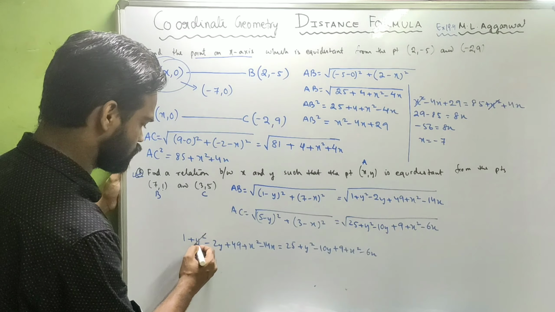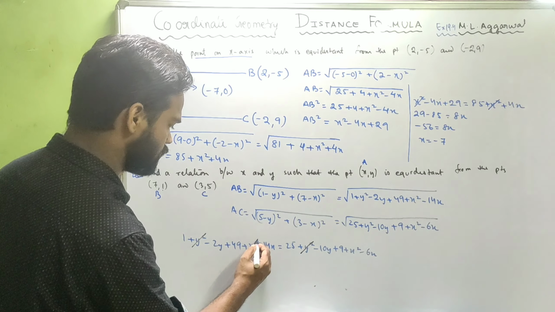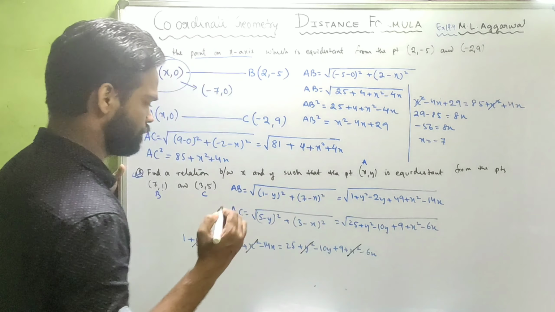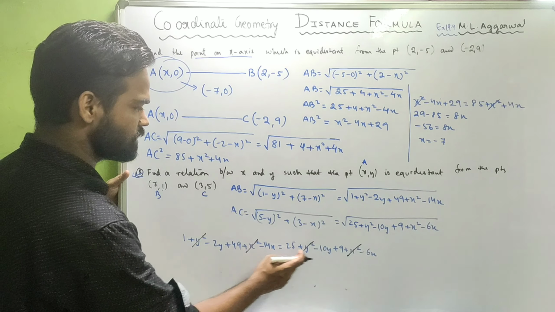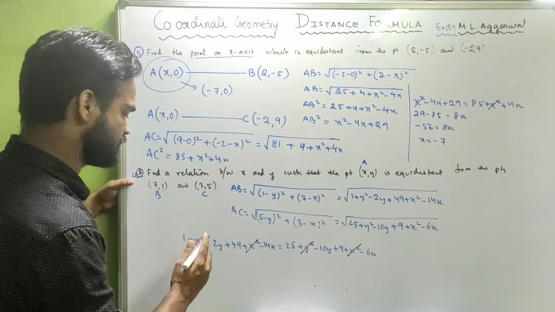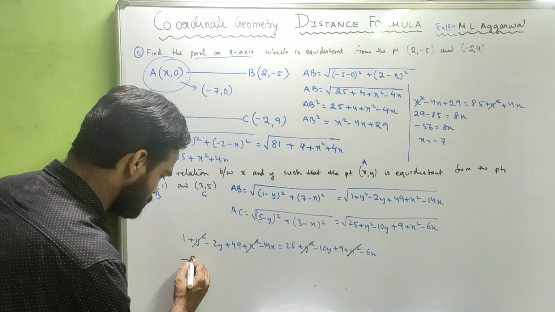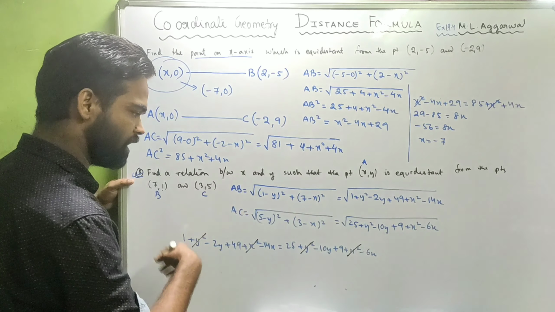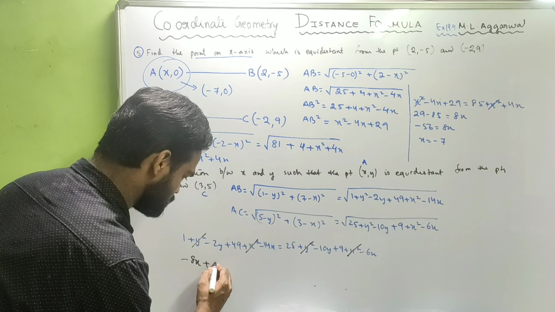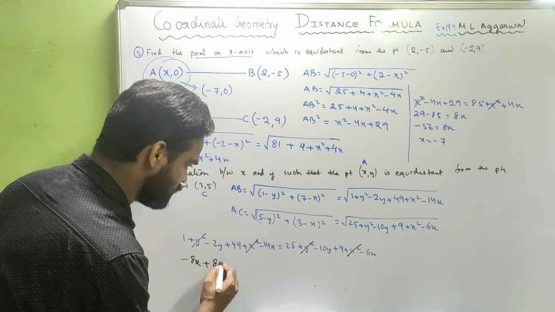See, y square and x square cancel out. Now this is minus 14x, this is plus 6x, so that's minus 8x. Minus 2y plus 10y, that's plus 8y.